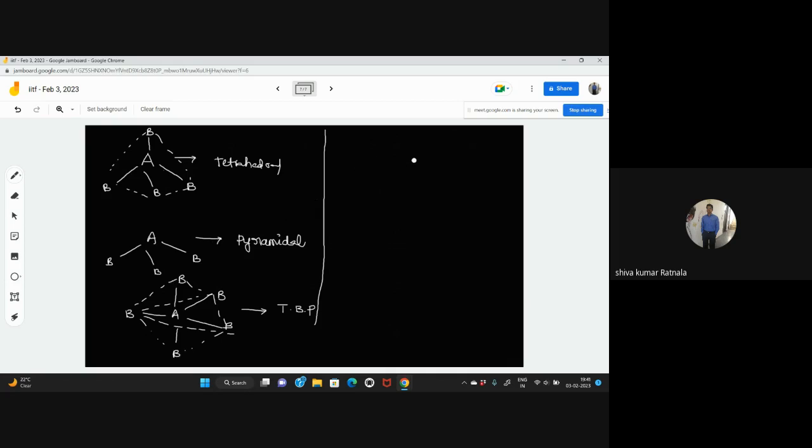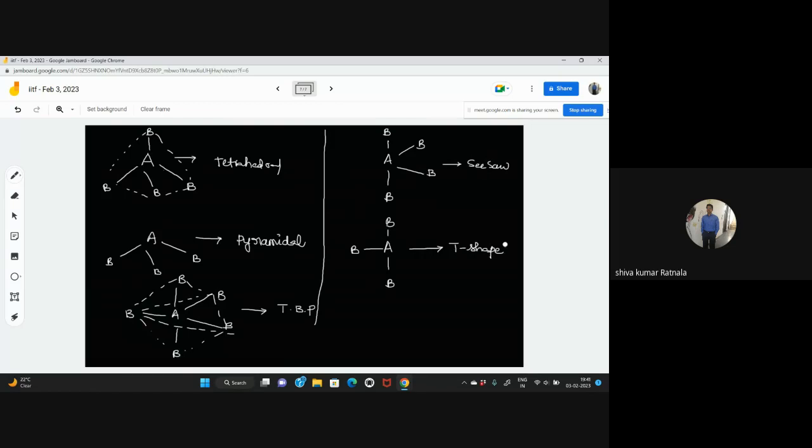Okay. And next one is seesaw. This is going to be T shape.